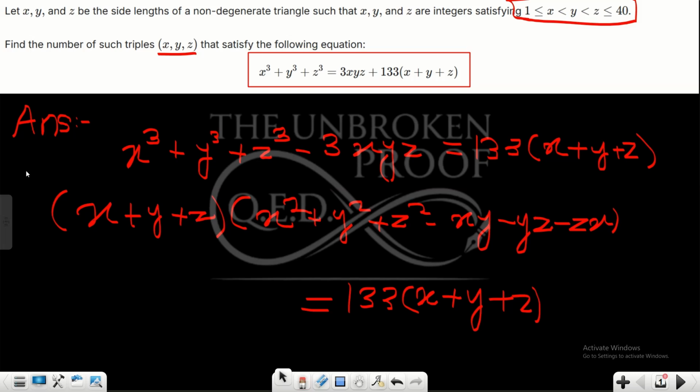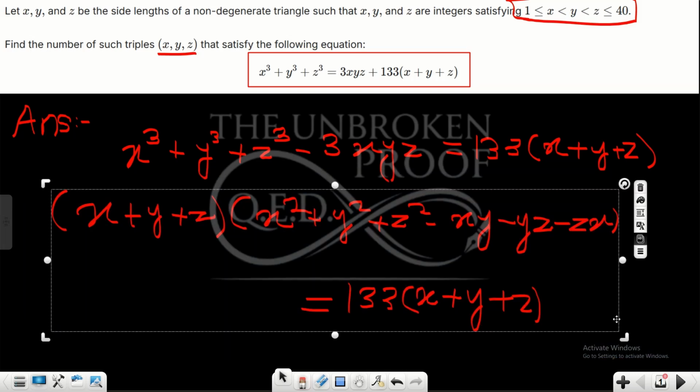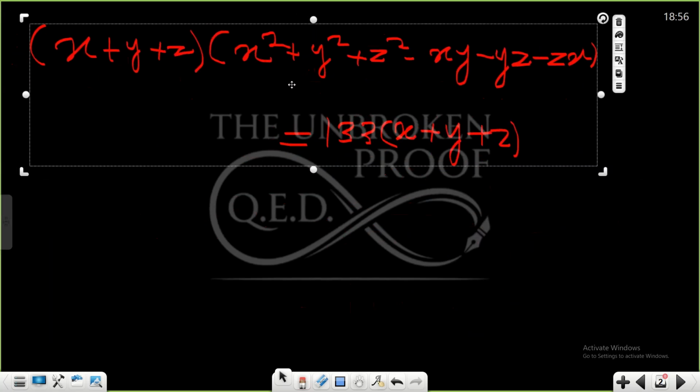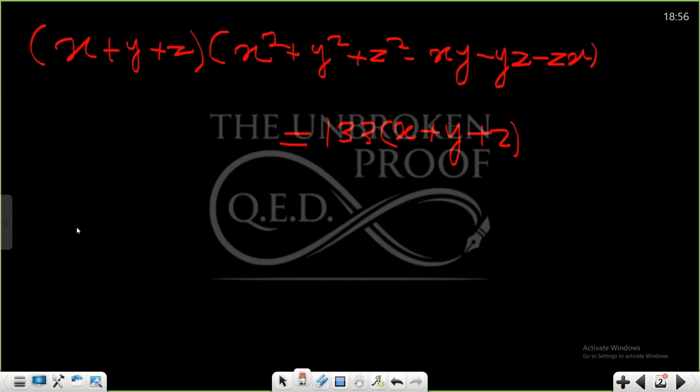So if I copy this, here's the expression. Let us bring this x plus y plus z to one side.